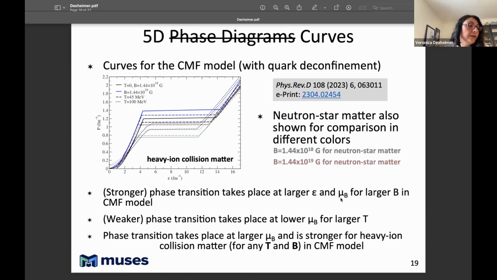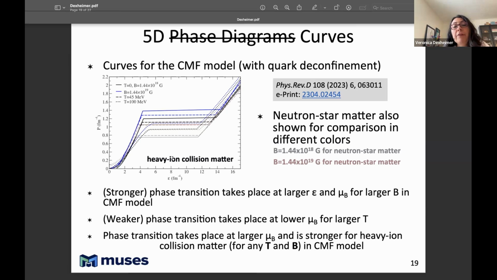So what I'm showing you here is the confinement phase transition. These horizontal lines are looking inside our spinodals. I'm showing you different temperatures in different line styles and different magnetic fields in different colors.